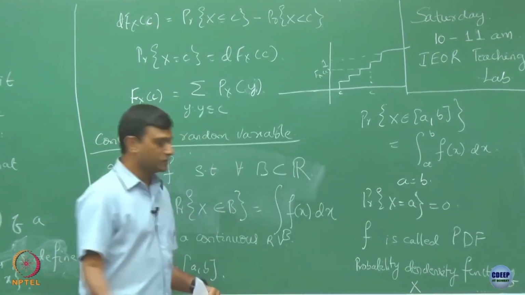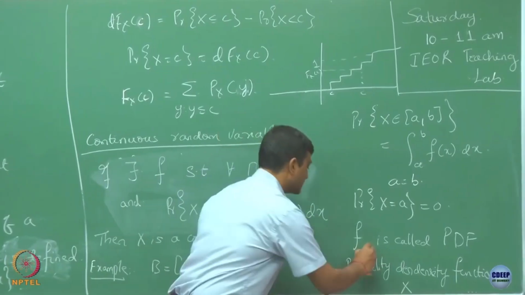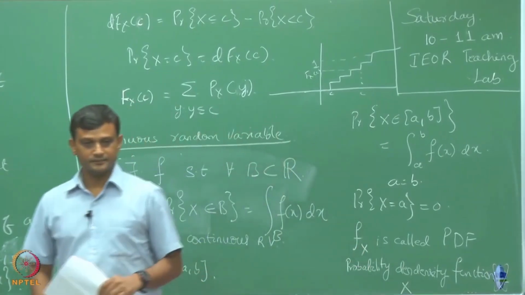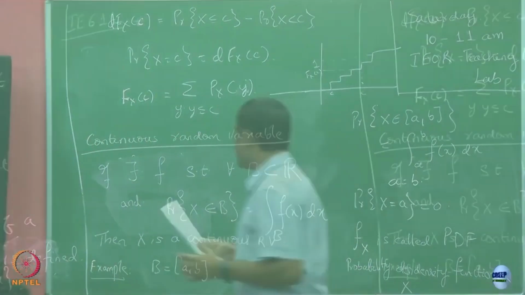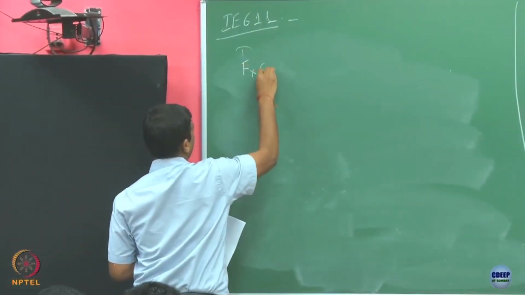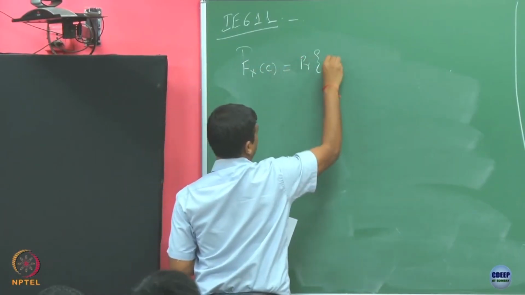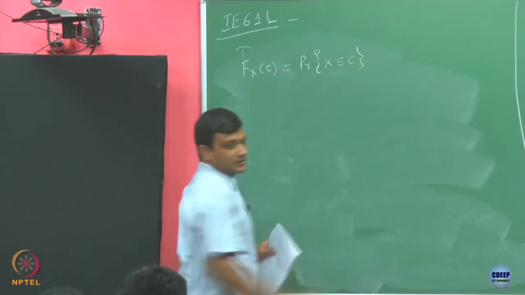And to denote that this is a PDF of an associated X, we subscript this f with x. Okay, so now I know that the CDF of my random variable is, by definition, P(X ≤ c).